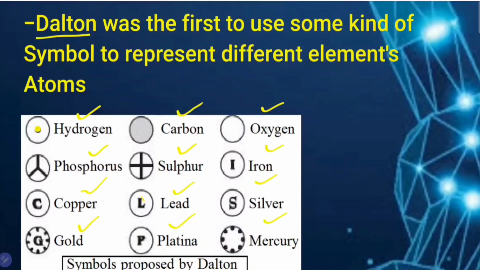Then, this was a very tiresome process because you need to memorize it, and as the number of elements grows, this is not comfortable because you have to memorize completely unrelated diagrams. For sulfur, you have to memorize a crisscross with a circle enclosing it, which is weird and tough.